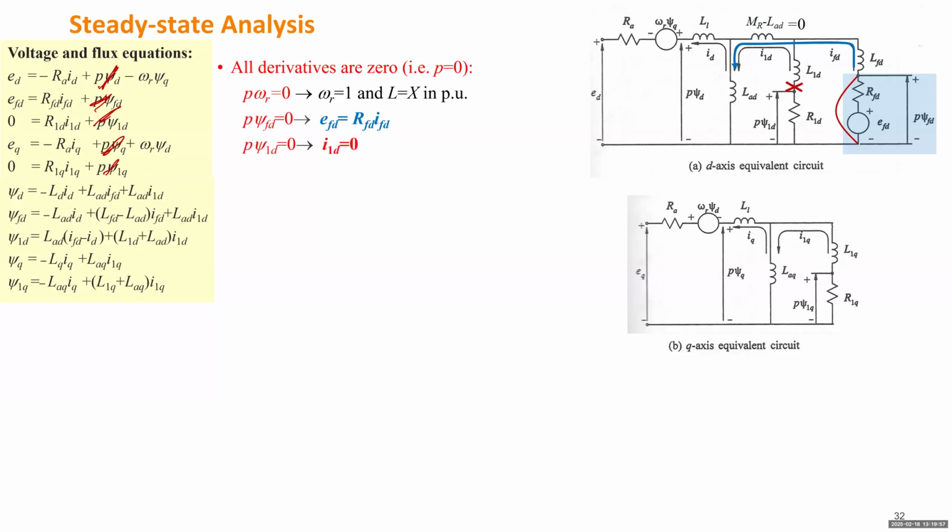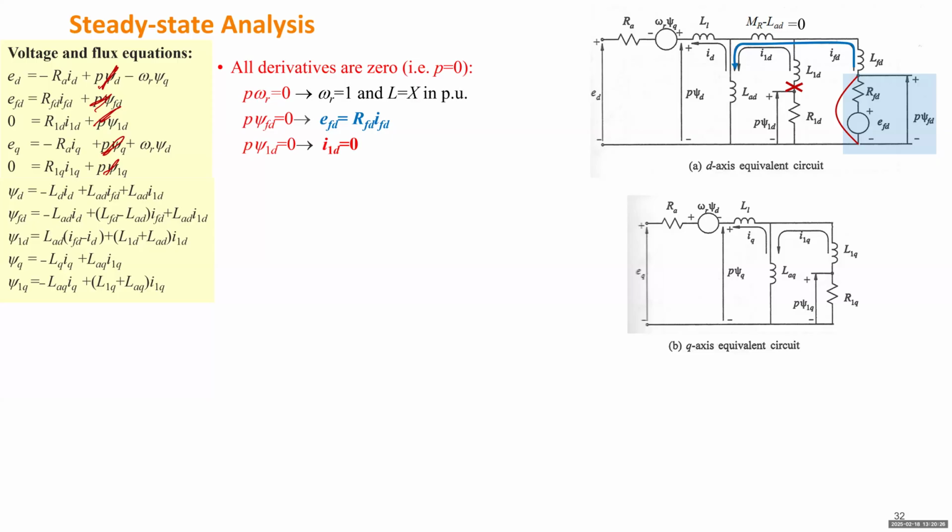Next, for psi 1D, which is the flux linkage in the first damper winding on the D axis, it doesn't change. So the derivative will be zero, which means on this circuit the voltage between the two terminals will be zero.